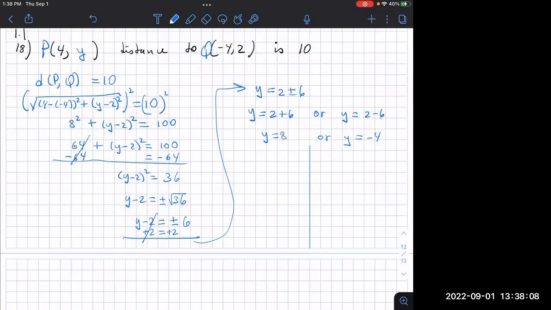So this is (−4, 2), then (4, 8), and (4, −4). Those are the 2 points that are 10 units from (−4, 2).